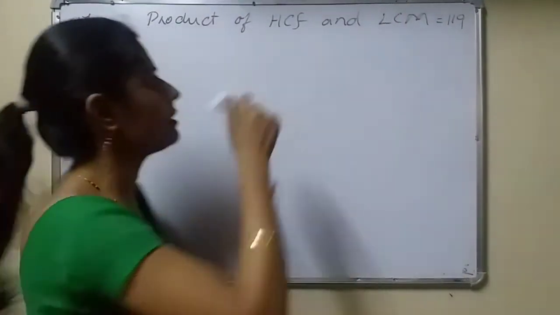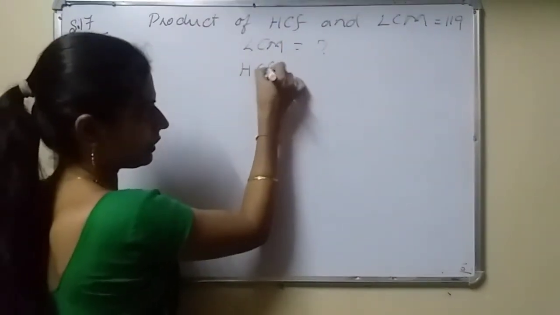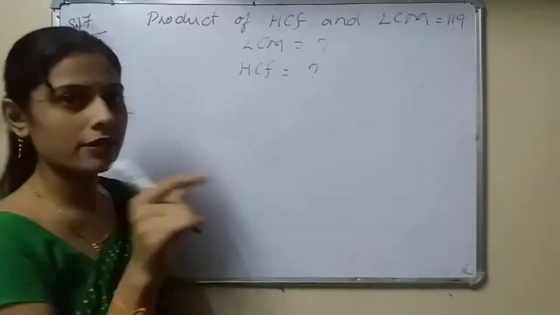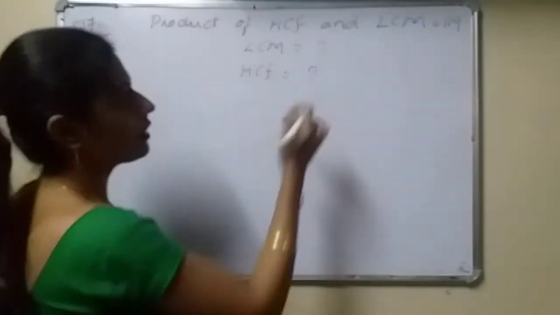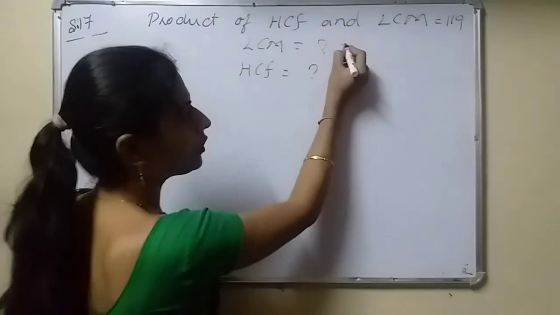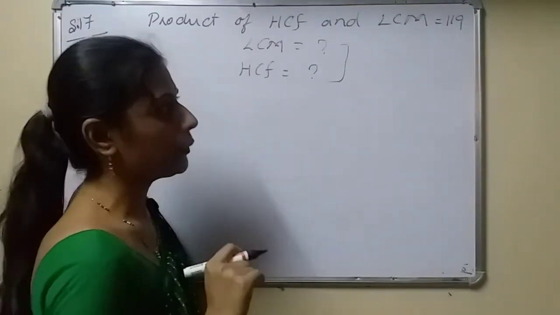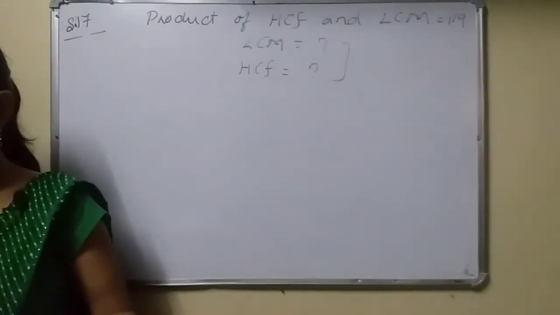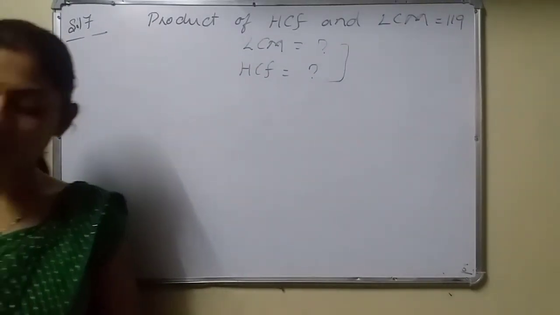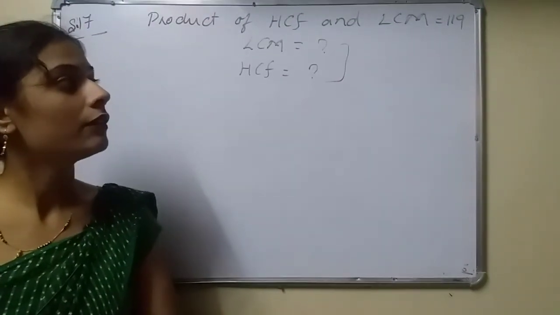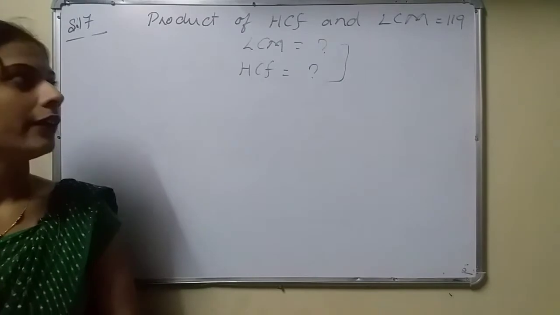It means LCM is not given here, HCF is not given here, but its product is given here. It means its product is 119. You have to find the two numbers here whose product is 119. Now for finding the factors of 119, see now, which are the products of 119? 1 into 119 and 119 into 1 and one more product.